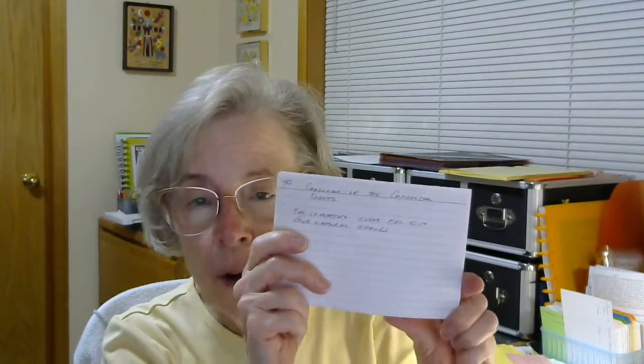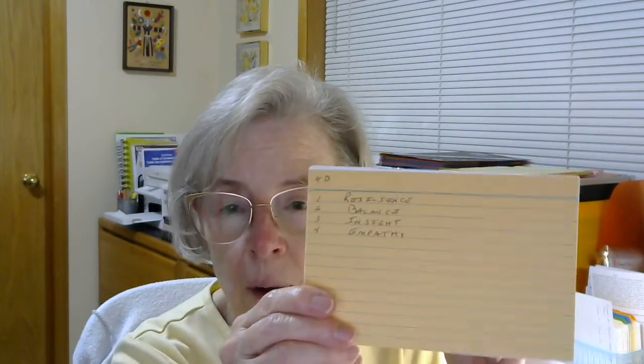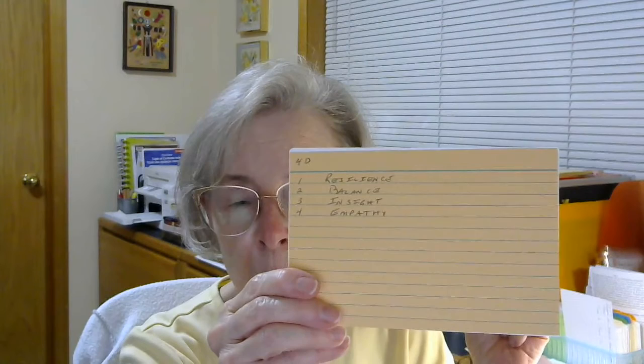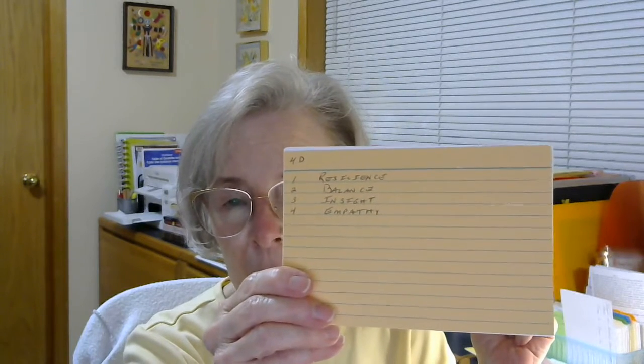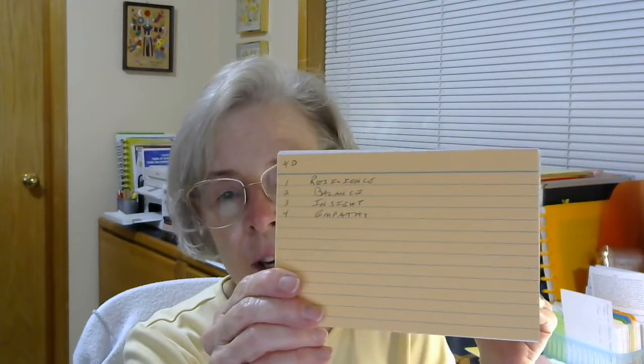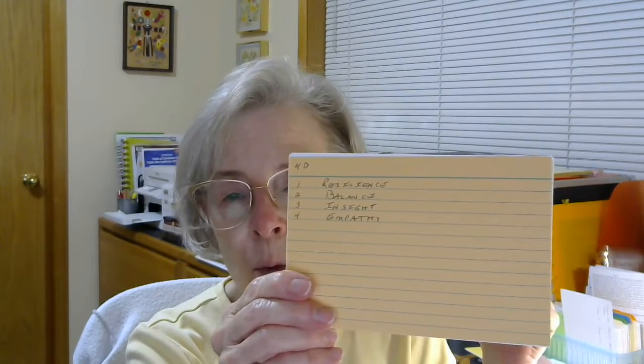All of which belong right next to 4D. Well, by now you know what that means. That means we're going to have a directory card: resilience, balance, insight, empathy. And just for ease, let's start with 4D1, resilience.